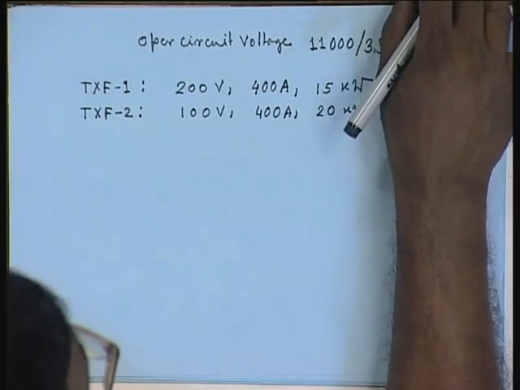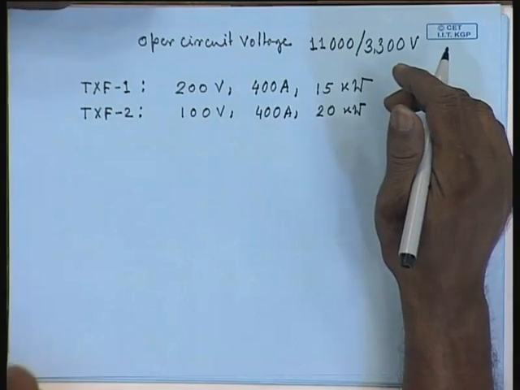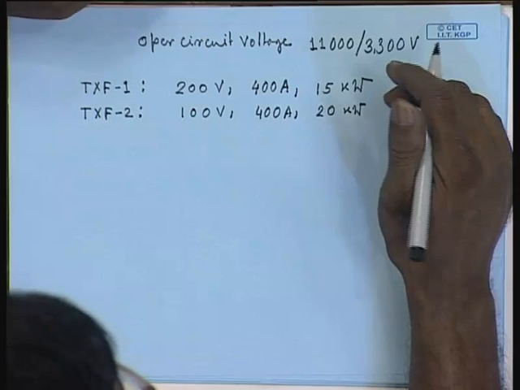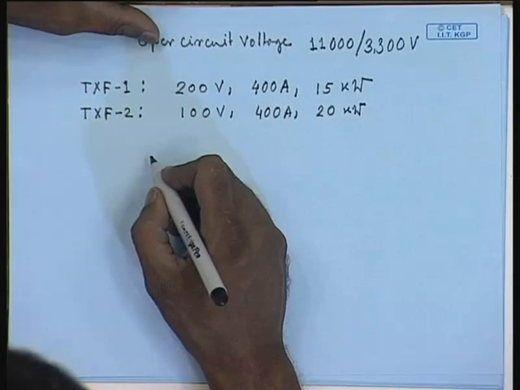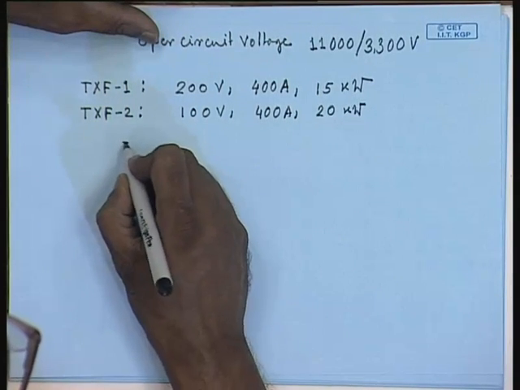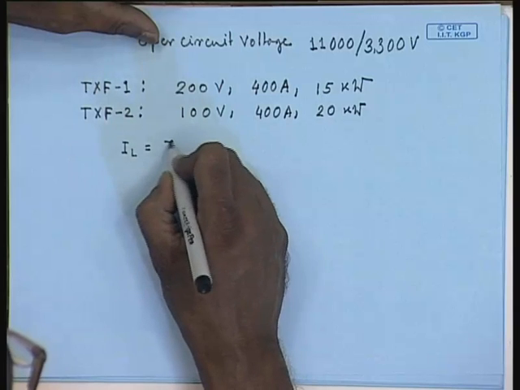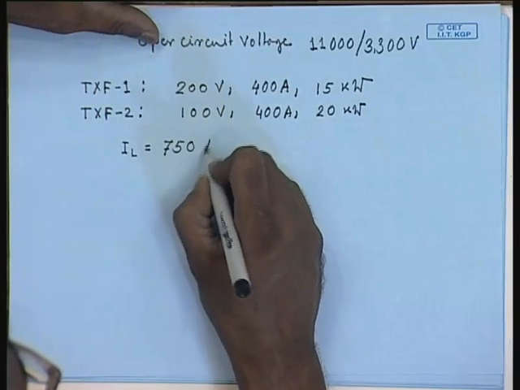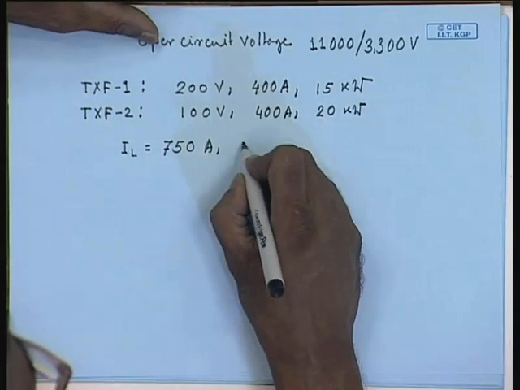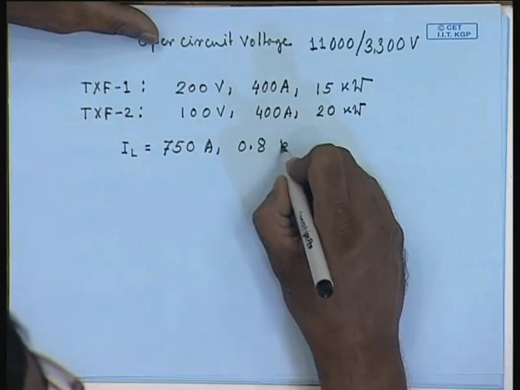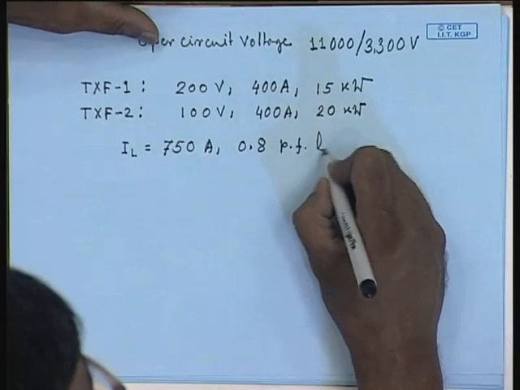Now, these two transformers are connected in parallel and they supply a load current of IL of 750 ampere at a 0.8 pf lagging power factor.